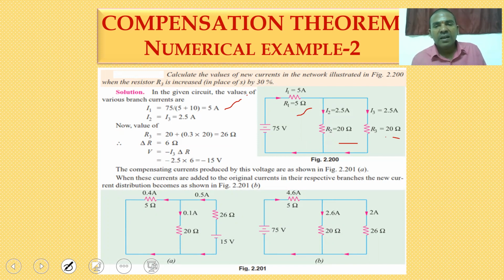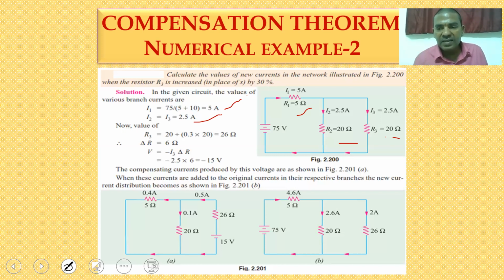Since R2 and R3 are the same, the total current splits in half, so 2.5 amperes is the current flowing through the 20 ohm resistor.